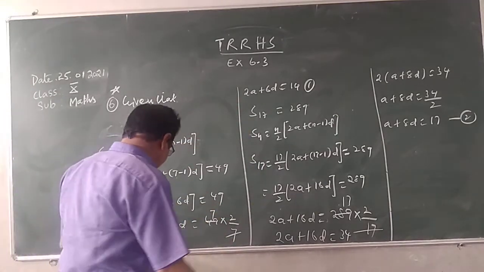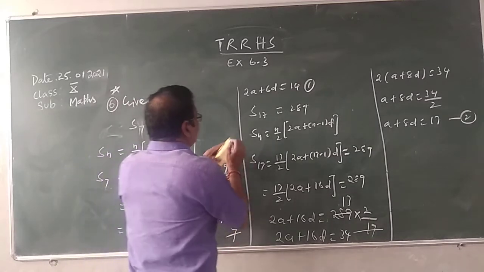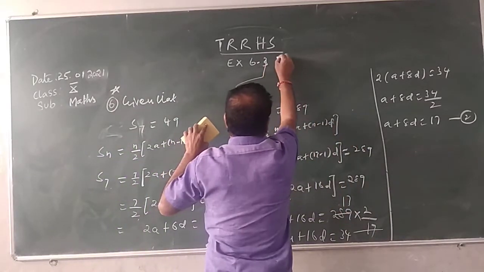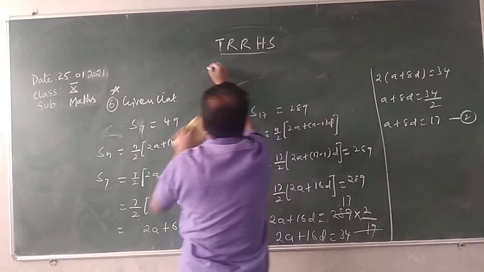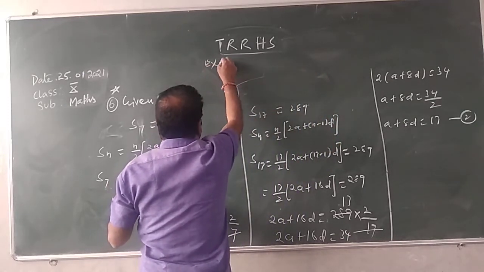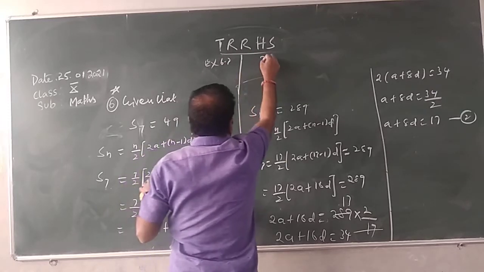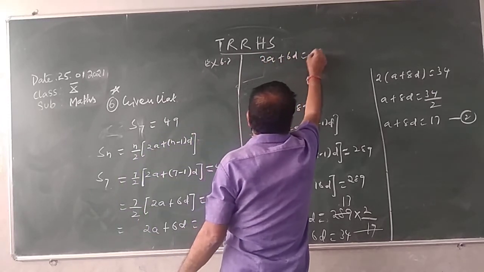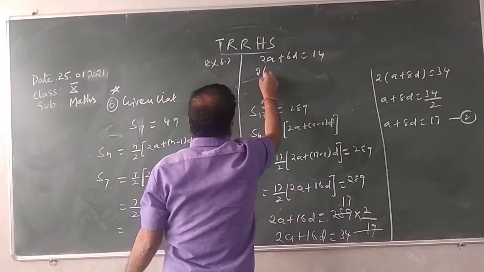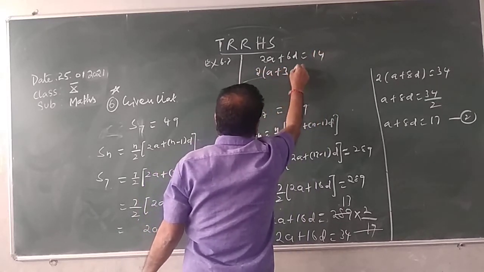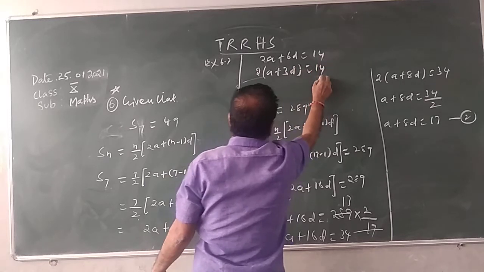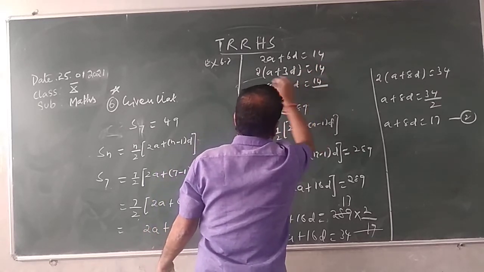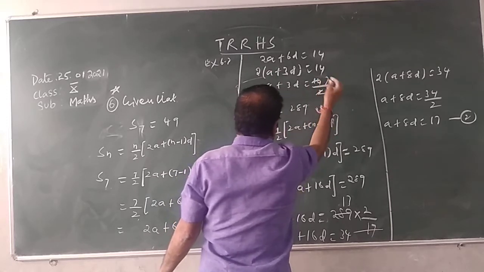We got the first equation: 2a plus 6d is equal to 14. Take 2 common: a plus 3d is equal to 14 by 2, which is 7.